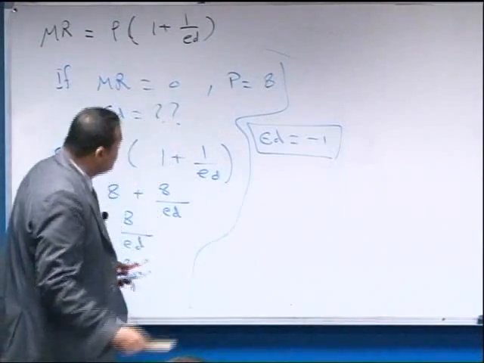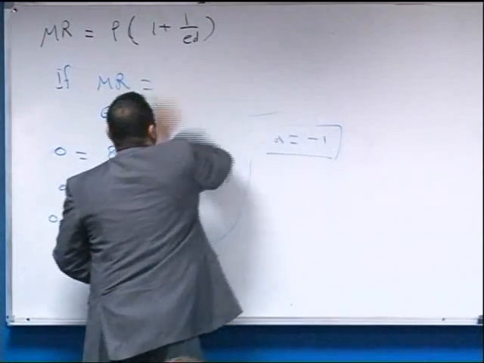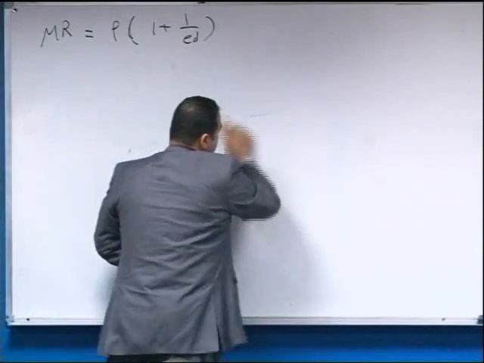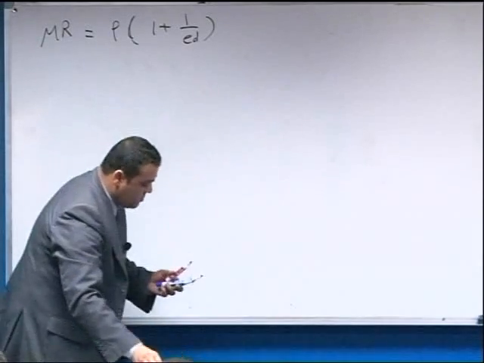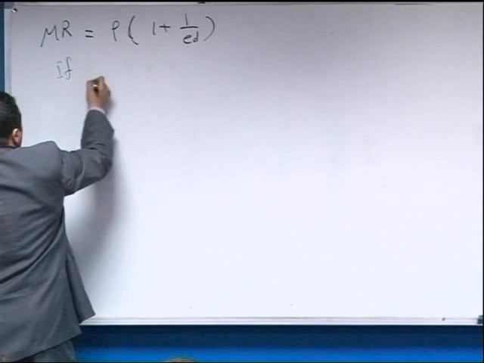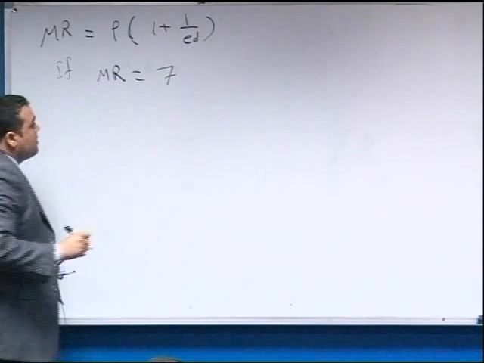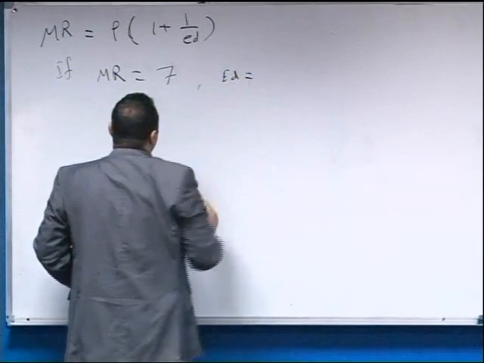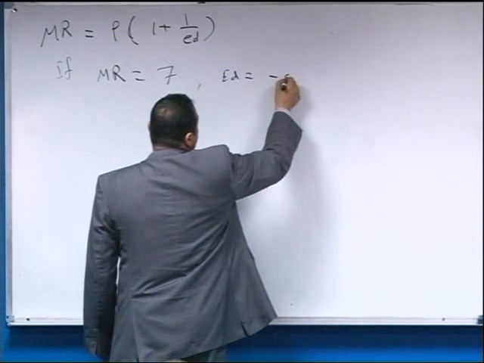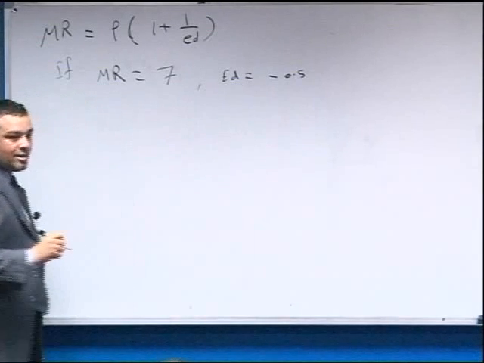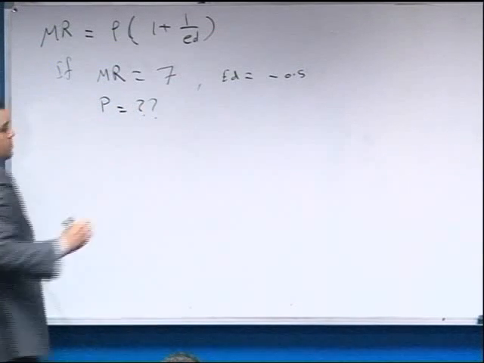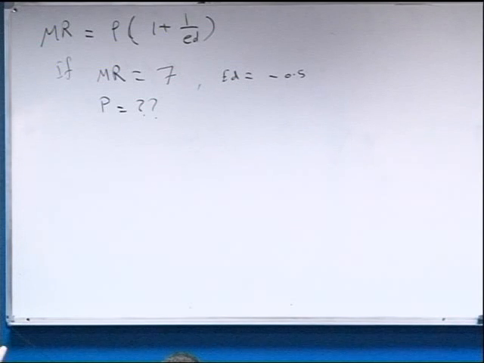If MR equals 7 and ED equals minus half, calculate the price. Oh, yes.